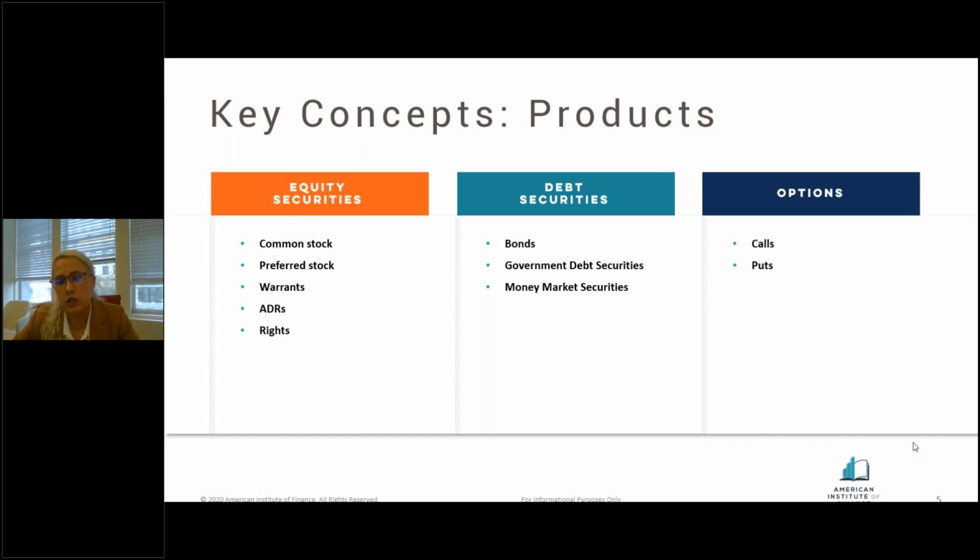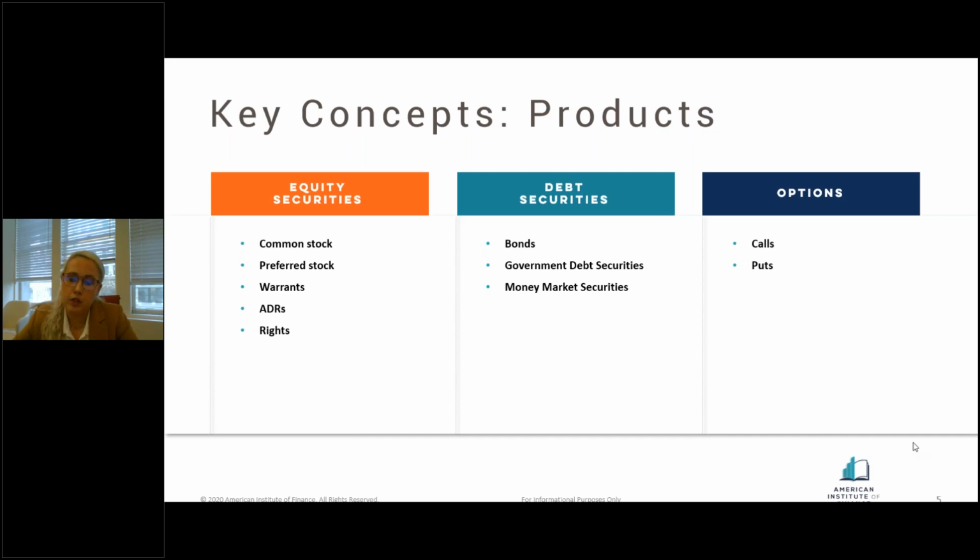Within the first category, equity securities, we have common stock, preferred stock, warrants, ADRs, and rights or rights offerings. Common stock is the basic form of equity or corporate ownership, and a share of stock is a basic unit of ownership.